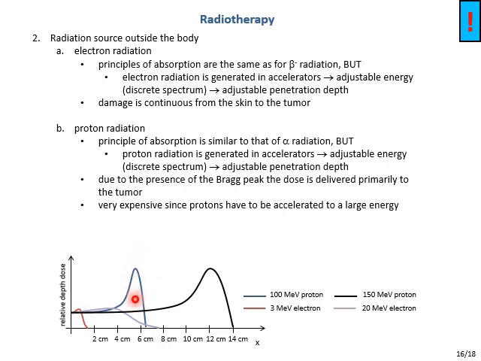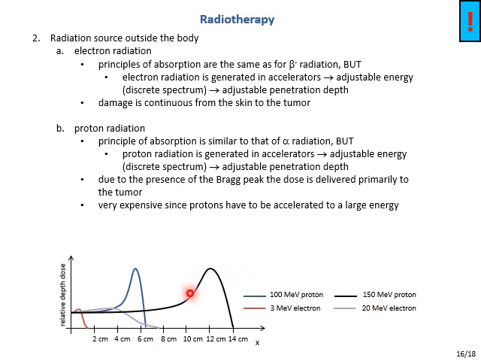So if the tumor to be treated is 5 centimeters under the skin, then a 100 million electron volt proton beam can be used. If, on the other hand, the tumor is 12 centimeters under the skin, then a proton beam with a kinetic energy of 150 million electron volts is to be used.